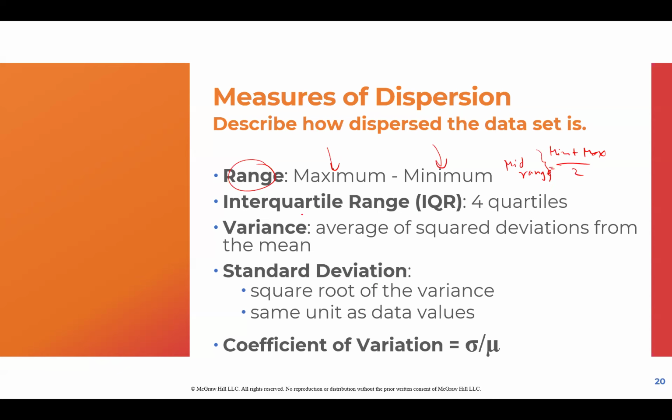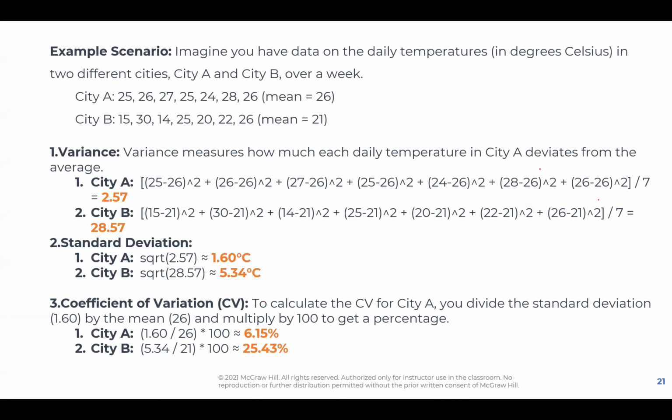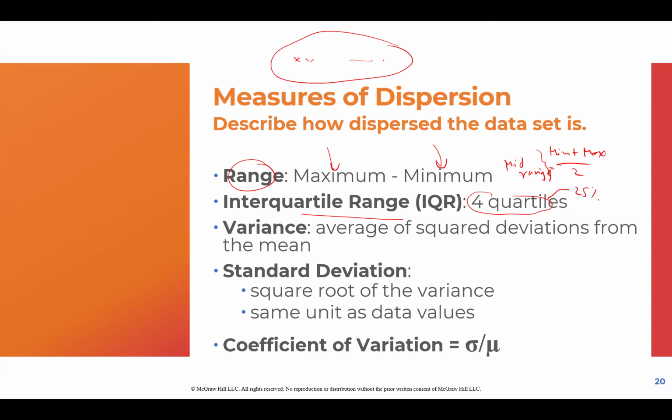Interquartile range: you divide all the observations into 4 quartiles. A quartile means the 25th percentile point. The median itself is the 50th percentile point.